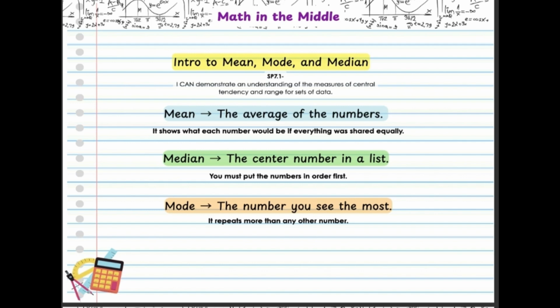It shows what each number would be if everything was shared equally. Median is the center number in a list, but you must put the numbers in order first. Mode is the number you see the most. It repeats more than the other numbers. But we will break down all of these to make more sense for middle years. So let's get into it.